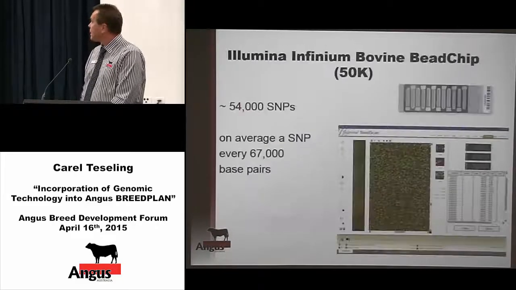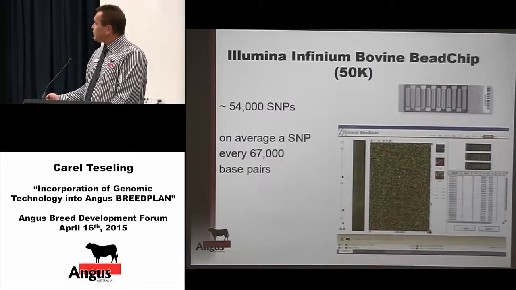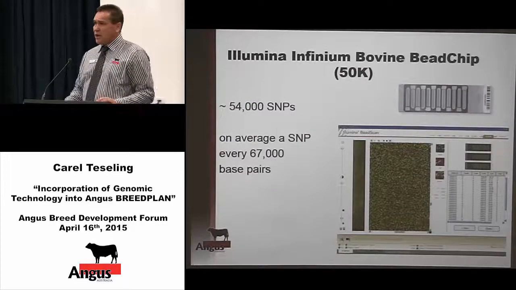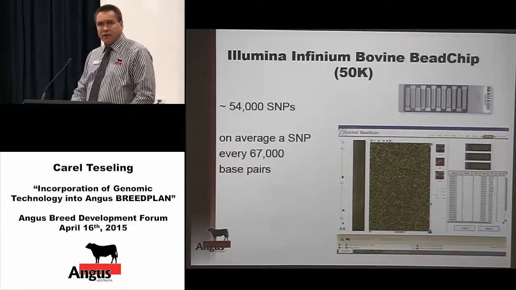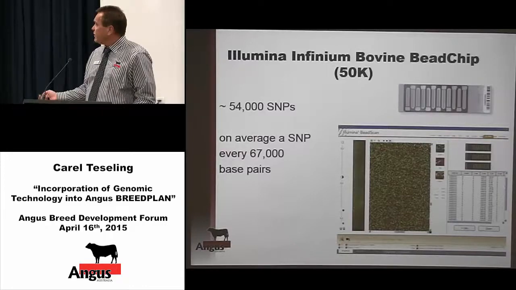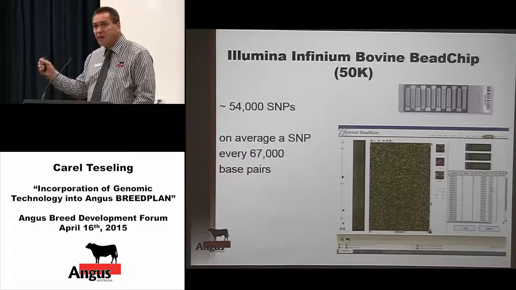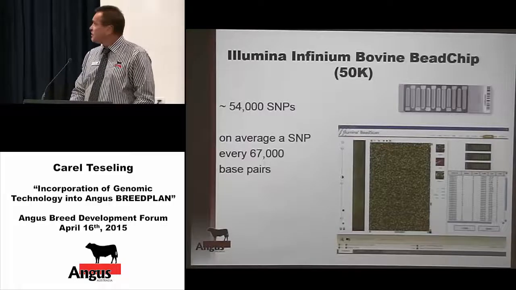Okay. So the Illumina 50K chip is what I mostly use at the moment. A lot of the companies, and I don't know if Zoetis have a totally different one, had Illumina develop a different chip for them, but I know that GeneSeek has put extra SNPs on their chip.